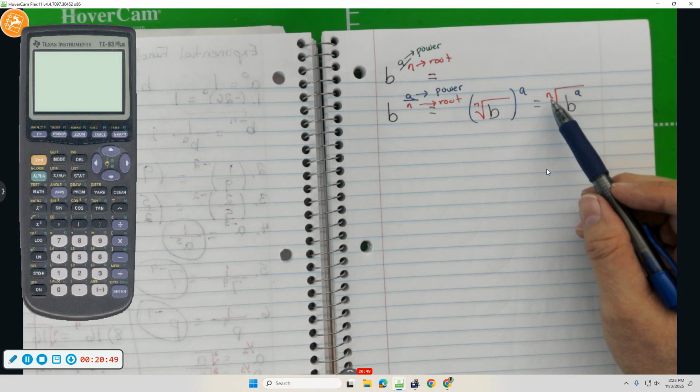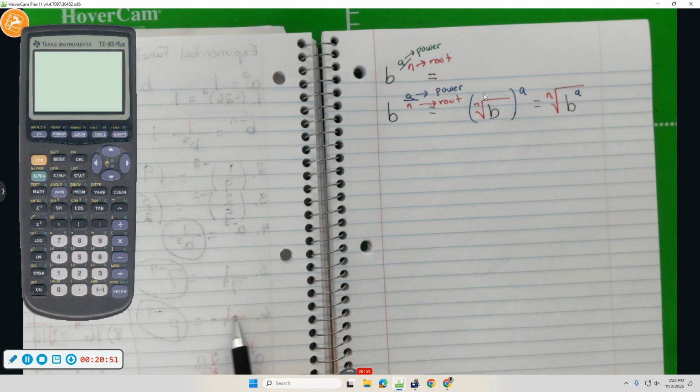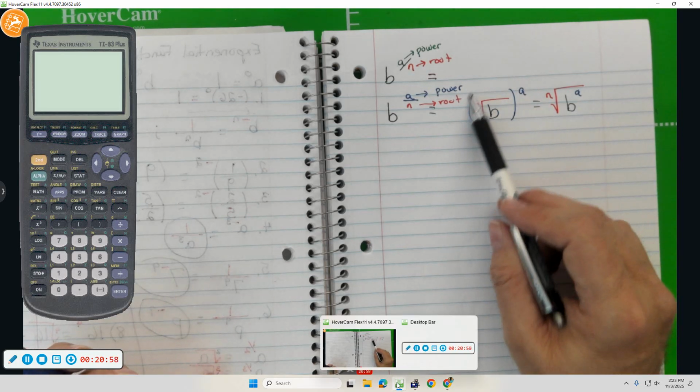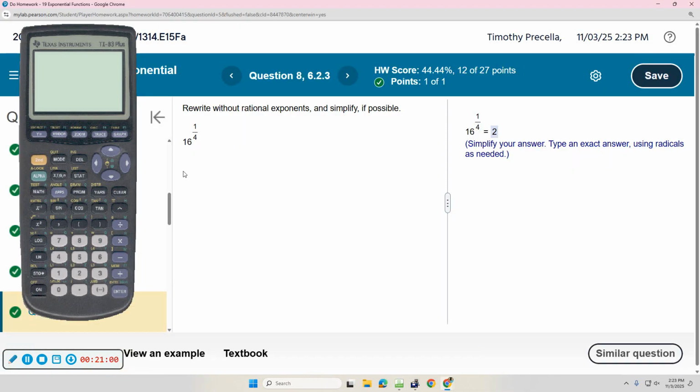And I think that's what the next problem is. Let's see. I think this is the format I prefer. Do the root, then the power. Number 9.